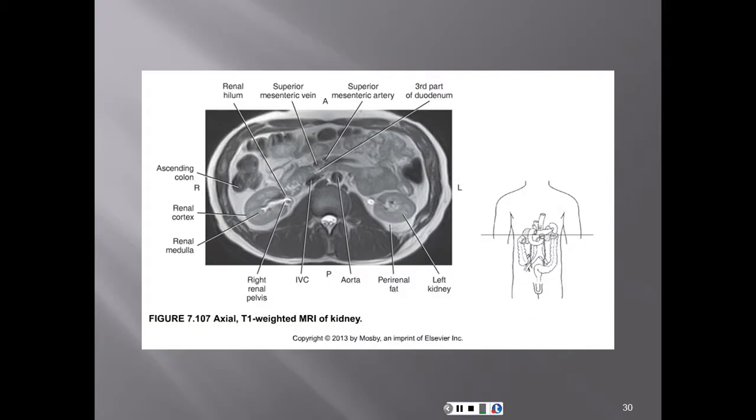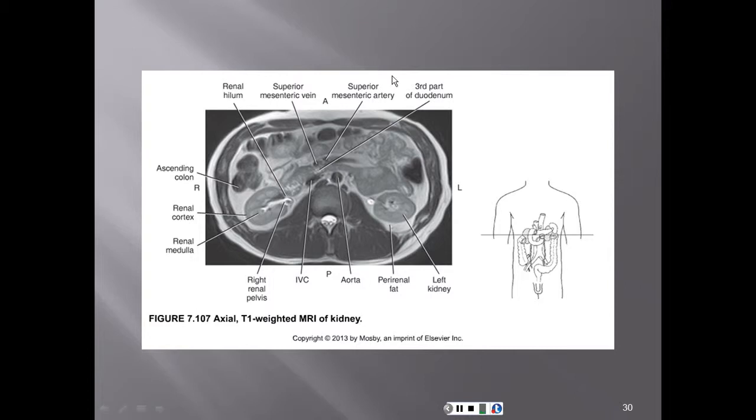Axial T1 weighted MRI of the kidney. Vertebra with the psoas muscles, kidney, duodenum, superior mesenteric vein. Adjacent to it, medially, is the superior mesenteric artery.